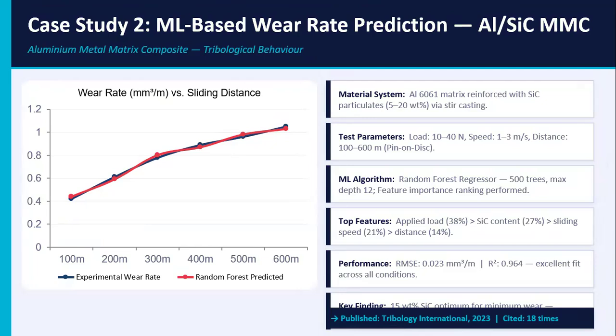Using these inputs, the model achieved excellent prediction accuracy with an R squared value of 0.964. Importantly, the AI system identified the optimum reinforcement content within minutes, whereas conventional experimentation required several weeks. So this is the difference between AI technology and the conventional methods.